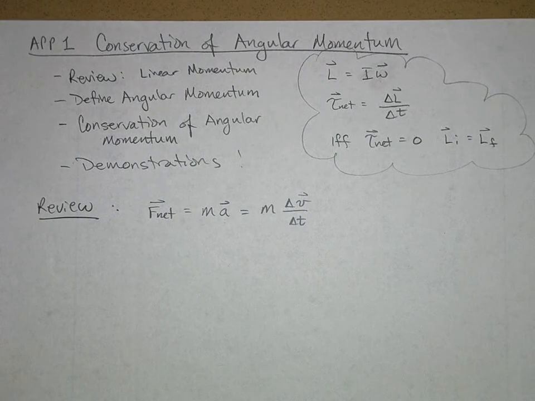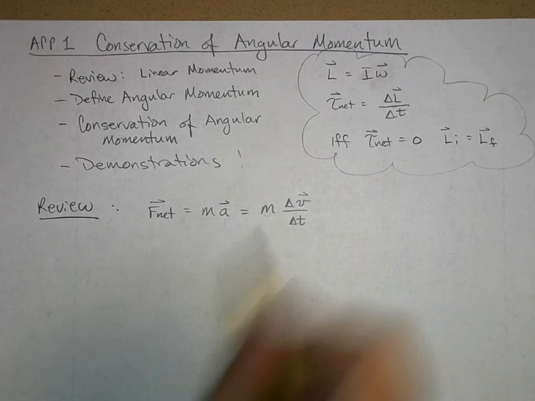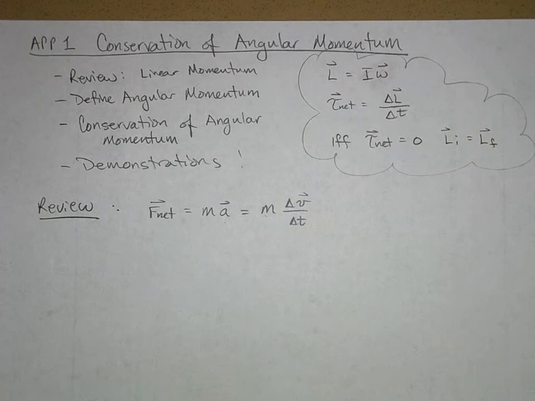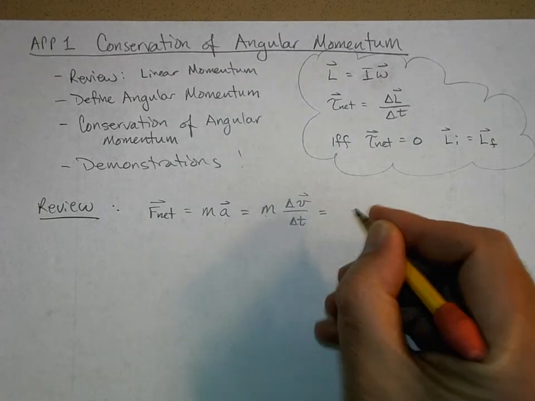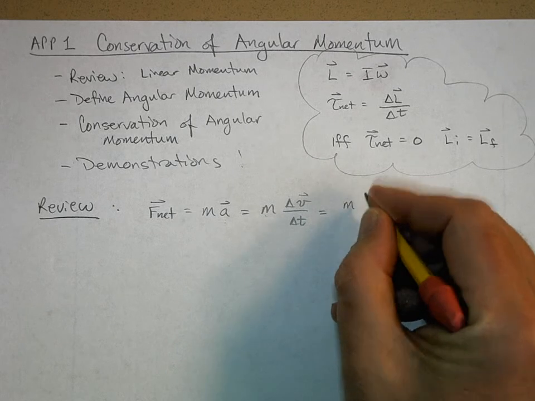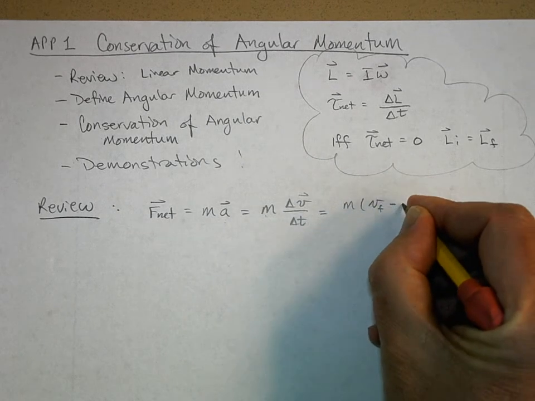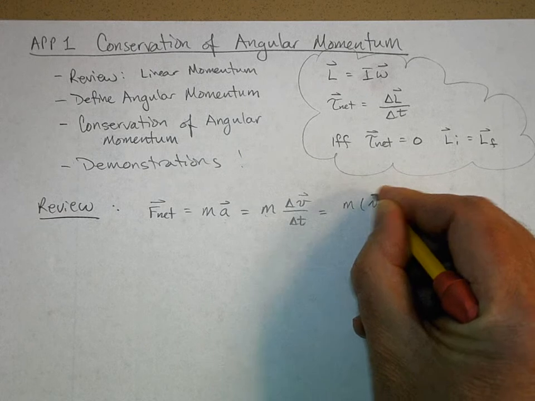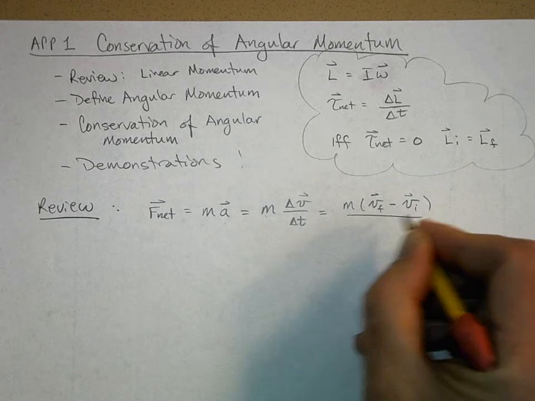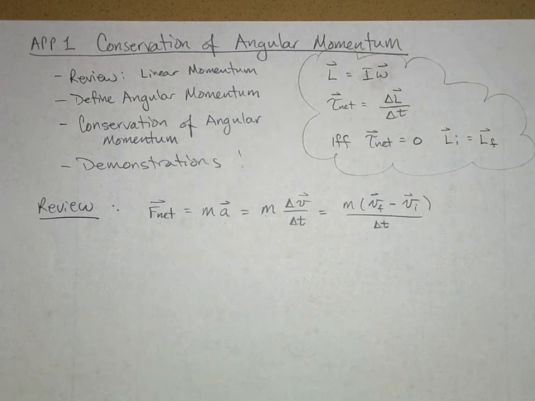Now, let's say that we have an object where there's a net force on it, but its mass isn't changing. The mass is constant with time, so the mass just stays out here. It's the velocity that's changing with time. And so we can say this is mass times the final velocity minus the initial velocity, over time.